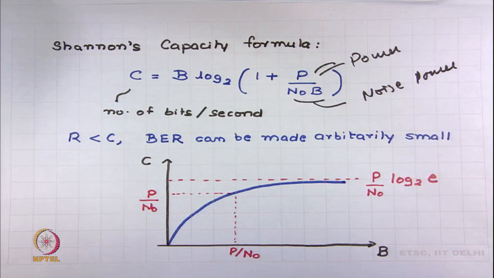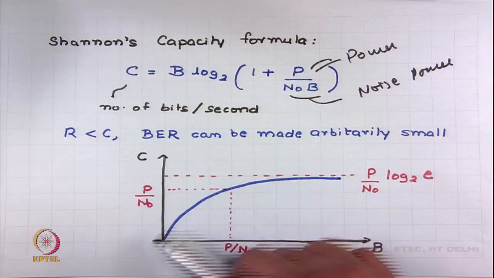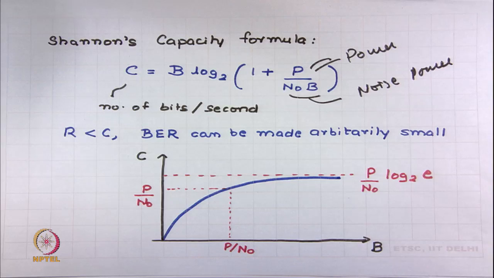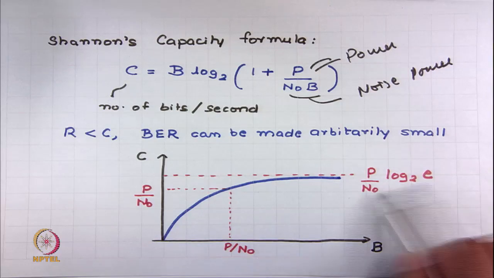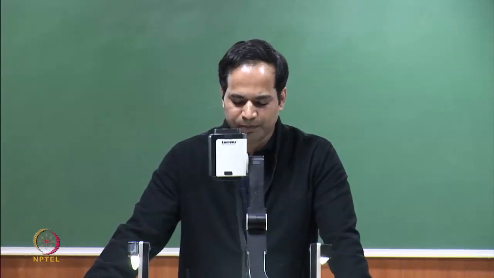And this graph compares very beautifully the relationship between channel capacity and bandwidth. As you increase bandwidth, channel capacity increases, of course, the noise power also increases, and thus the channel capacity saturates to a value of P times log 2 E divided by N naught for very large values of B. So, it simply says that having infinite bandwidth does not serve you too well, because then you also end up with a signal to noise ratio of 0, which is not good.